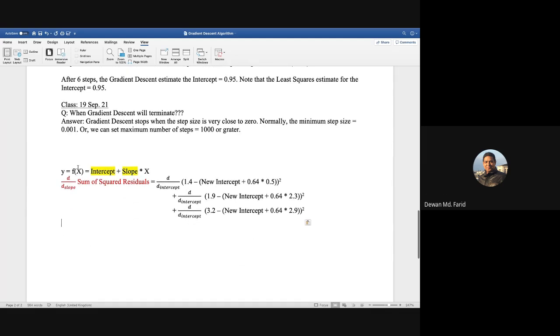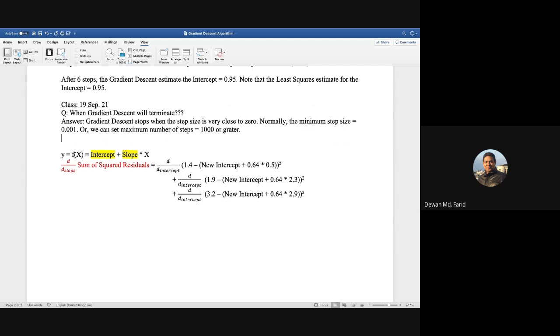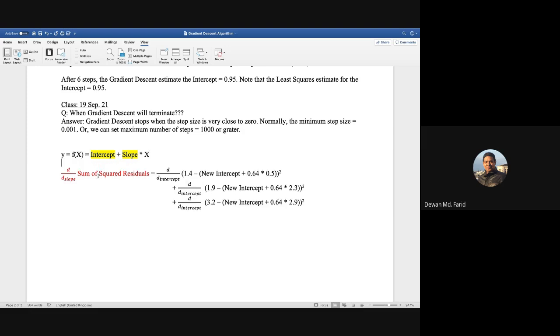So now we need to find the derivative of sum square residual for slope. So slope.